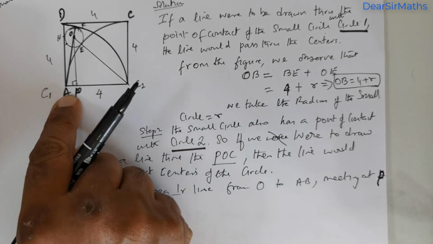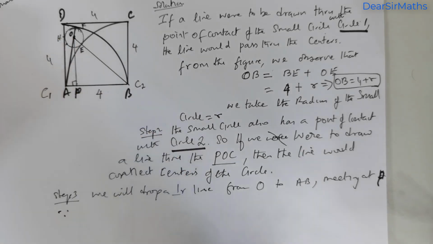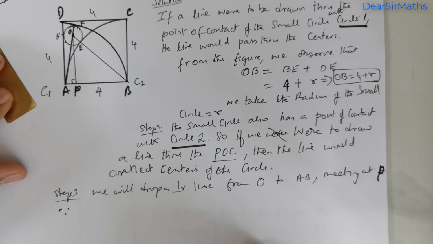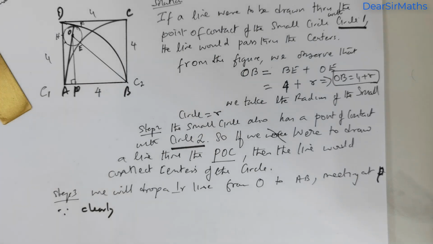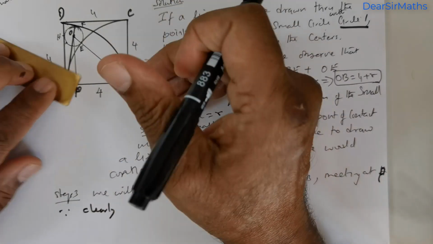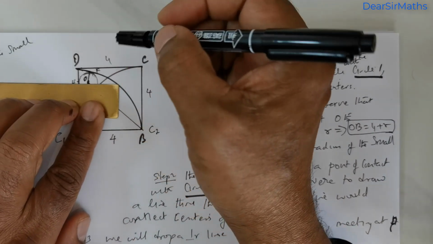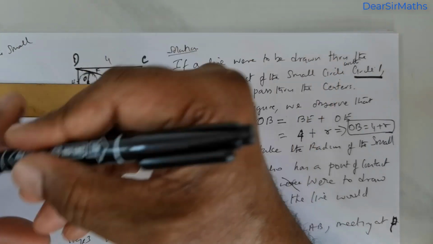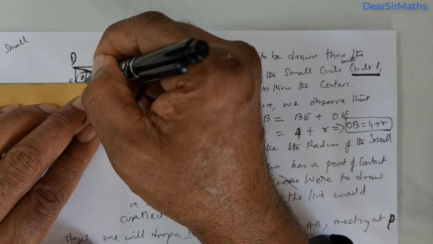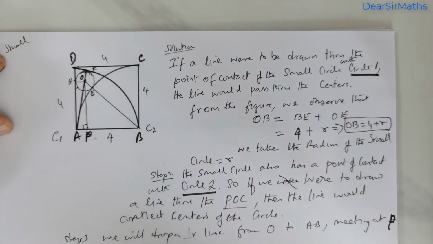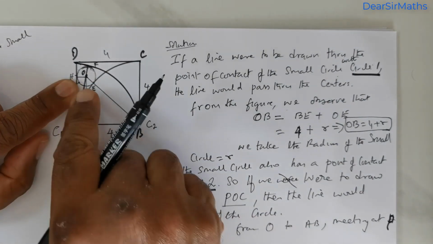Now clearly we see AP will be equal to OH, right? Clearly AP, if you have to draw a line like this, say from O, that's going to be the radius, right?